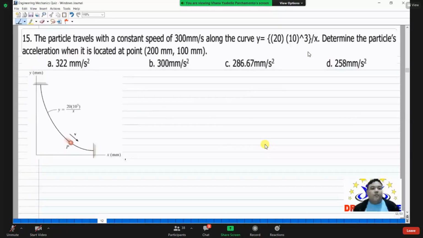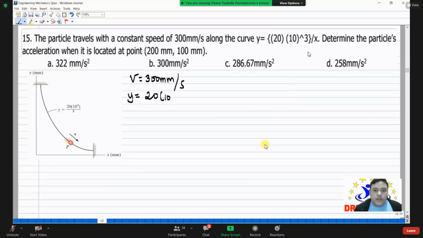The particle with a constant speed. So constant yung speed niya. So therefore yung acceleration due to the particle is 0. So constant speed v is equal to 300 mm per second along the curve. So given yung track ng curve which is equal to y is equal to 20 times 10 raised to 3 all over x.